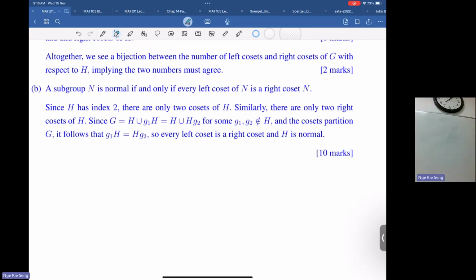Okay, and then you notice that there are only 2 cosets, and then you try to equate the 2 cosets, I also give you 5 marks. And if you can see that the two cosets are actually equal, and then deduce that every left coset is a right coset and H is normal, then I'll give you full marks.